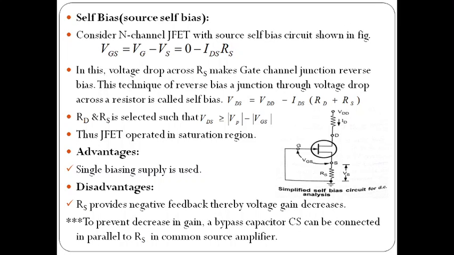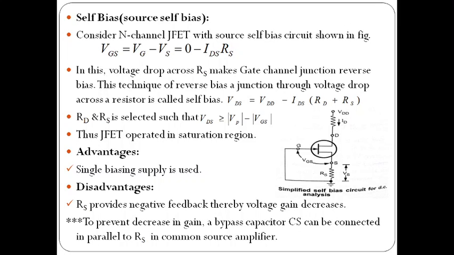From this we can write VDS equals VDD minus IDS into (RD plus RS). RD is the drain resistance and RS is the source resistance. The two are selected by considering VDS is greater than or equal to VP minus VGS, so that the JFET will operate in the saturation region.